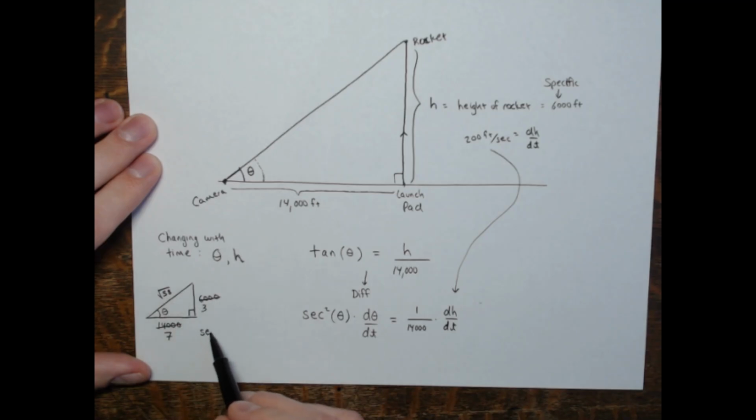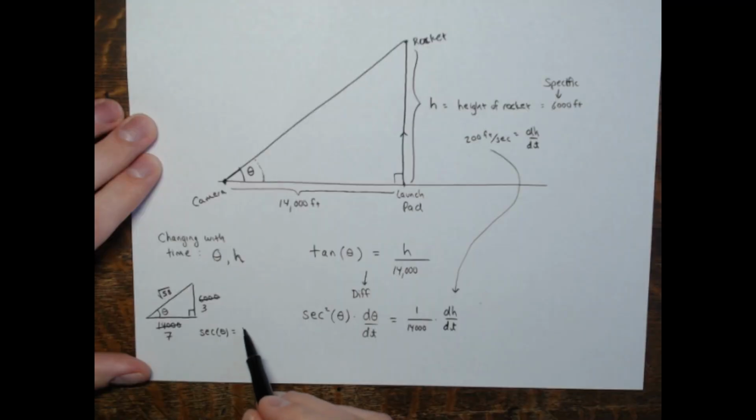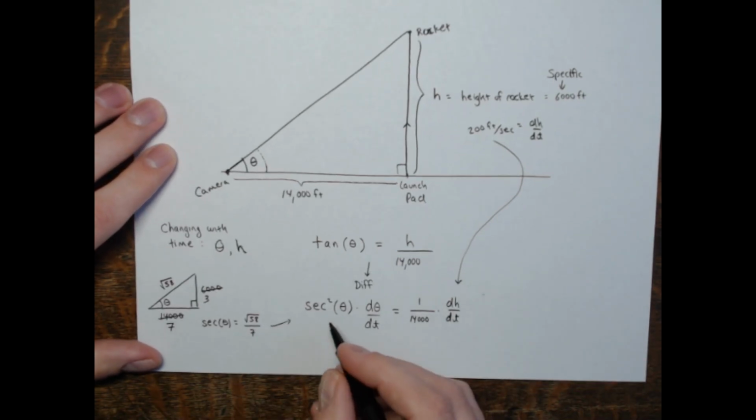So the secant of theta, again, hypotenuse over adjacent, is the square root of 58 over 7. So when I pop this into the equation here, that gets squared.